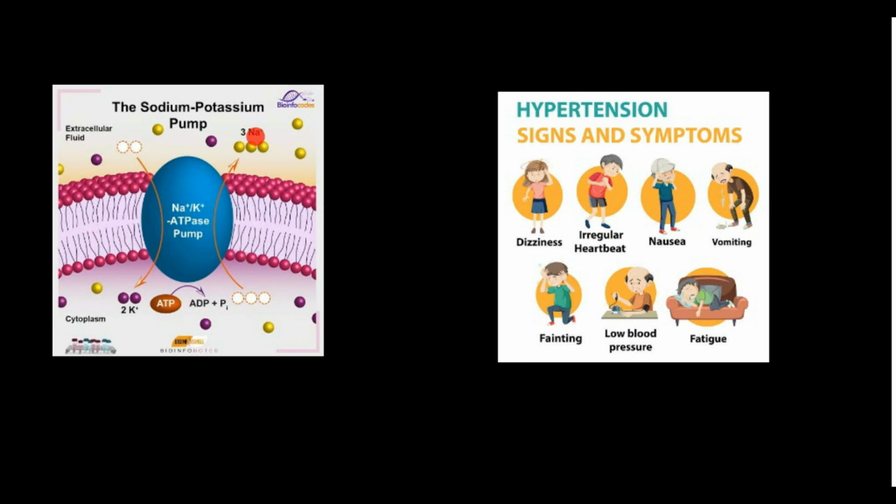Extracellular means sodium is outside the cell, while potassium is the intracellular ion. It is present inside the cell, in the cytoplasm.